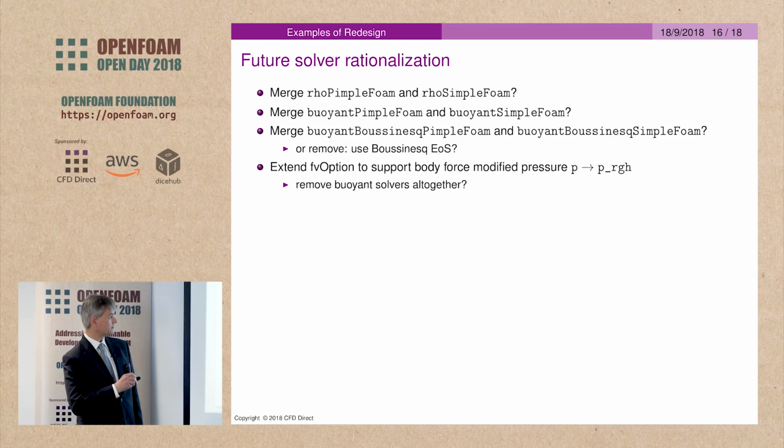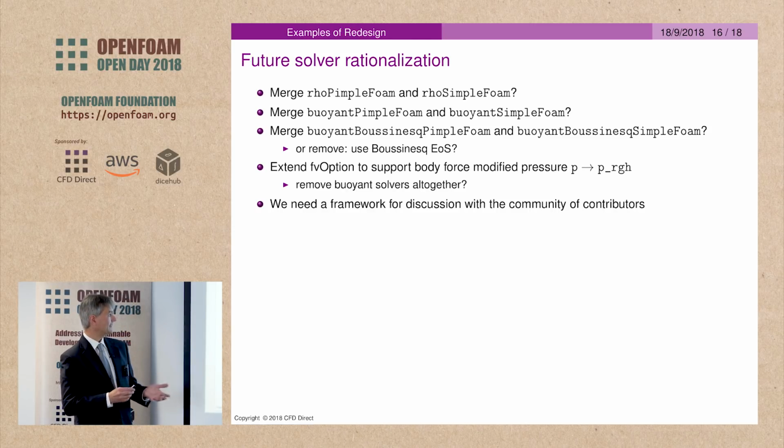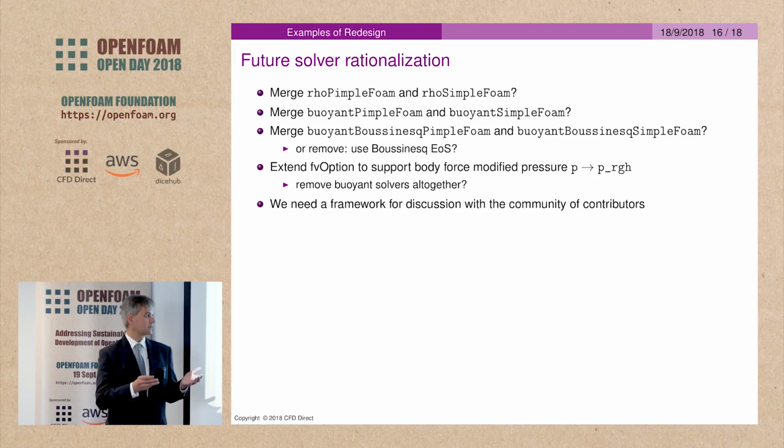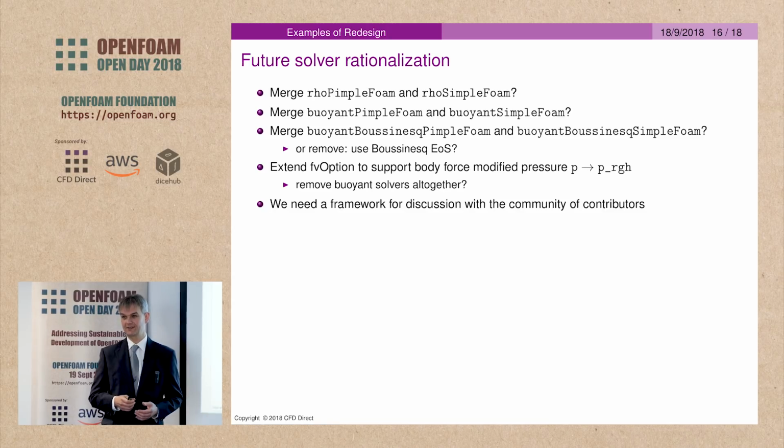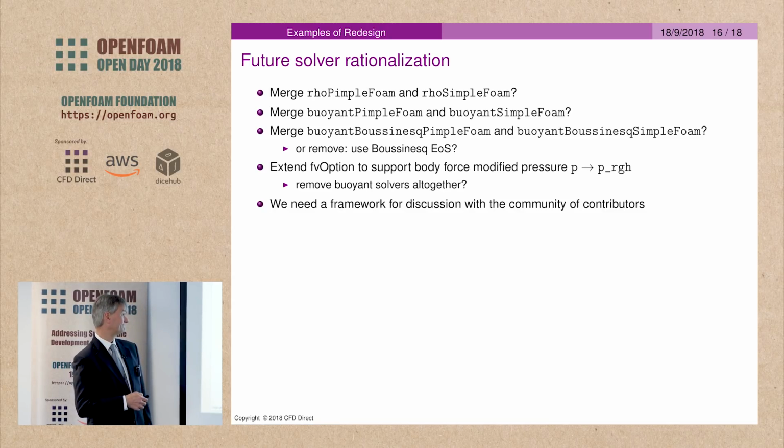That would actually allow us to remove buoyant solvers altogether, so that any solver, if at runtime you chose p_rgh, would run in buoyant mode. Again, these are quite big changes. They'll have usability changes and some kind of efficiency effects that we'll need to discuss. We really need a proper form of discussion with people that these decisions will affect, both the beneficiaries and the others.